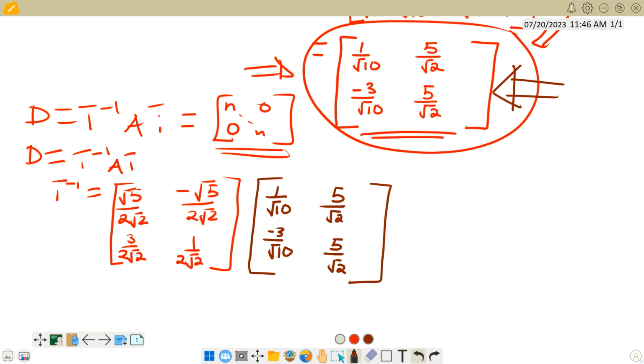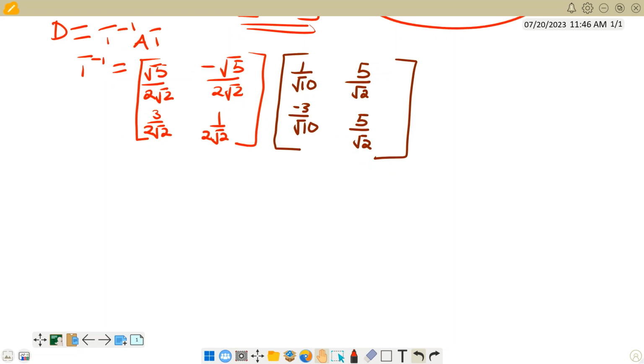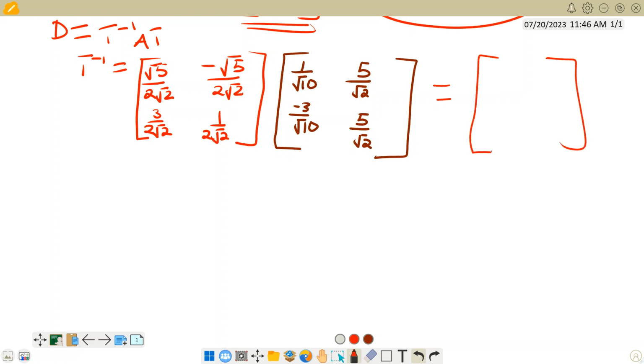Then I'm going to use the normal multiplication of matrices, right? The target here is to get a matrix that takes a form like there should be a number here, a 0 there, a 0 there, and another number there. That is what we want, a matrix that takes that particular form.